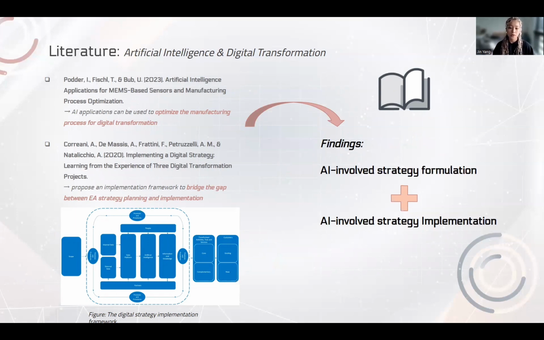Notably, it proposed an implementation framework to bridge the gap, starting from the scope establishment and ending with customer consideration. We consider that the connection between EA strategy planning and strategy implementation is another crucial factor for successful digitalization.